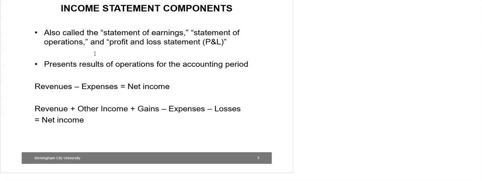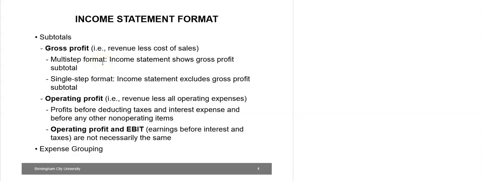The definition of income includes both revenue and gains, and the definition of expenses encompasses expenses that arise in the ordinary activities of the business as well as losses. Based on this, the second equation here is an expansion of the first one, where revenues also include other income and gains, and then it deducts losses also in addition to expenses to arrive at net income.